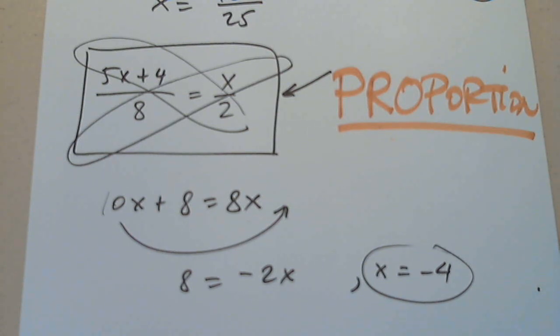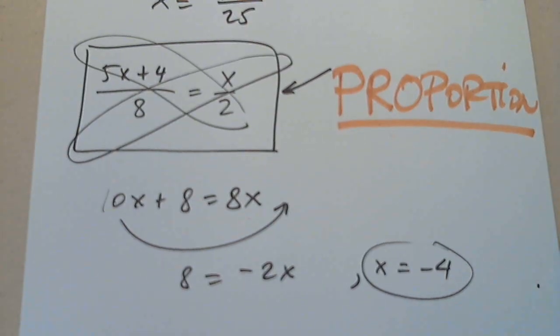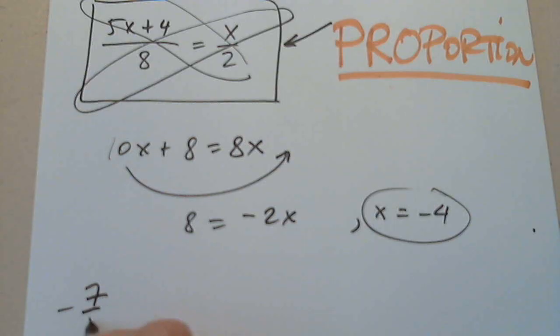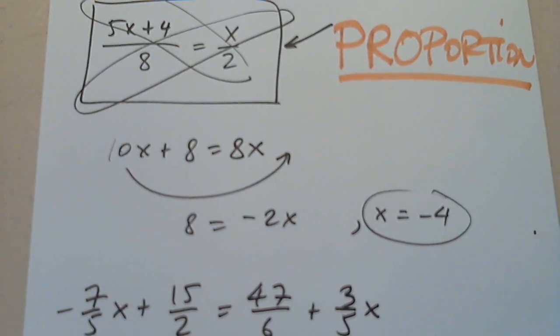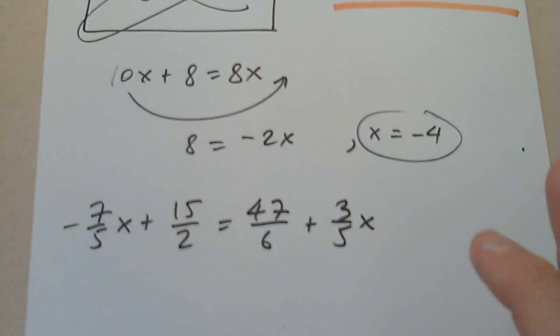Do we need to work on this problem? Let's work on this problem. Negative 7/5 x plus 15 divided by 2 equals 47/6 plus 3/5 x. Now remember, we said that, let me write it again.